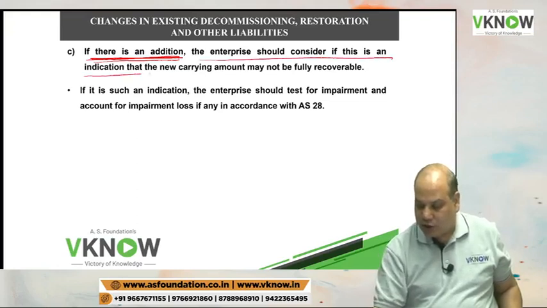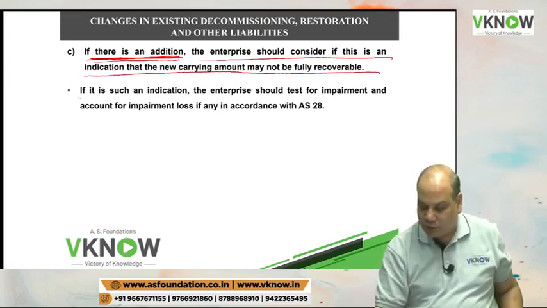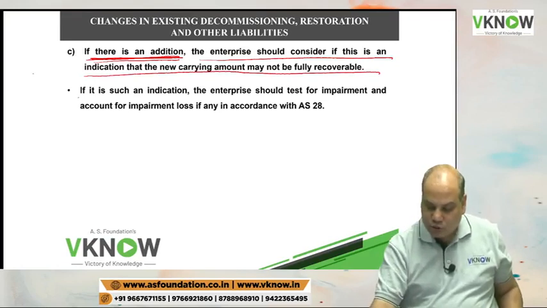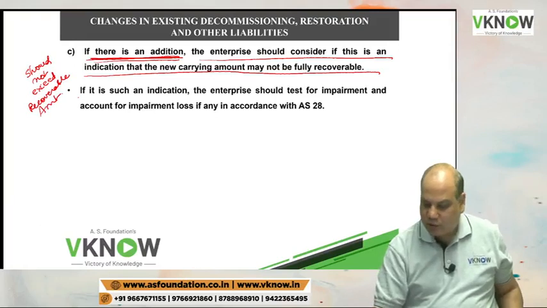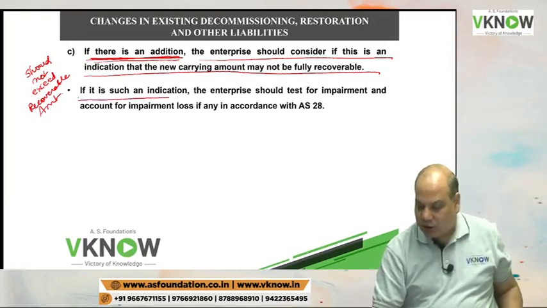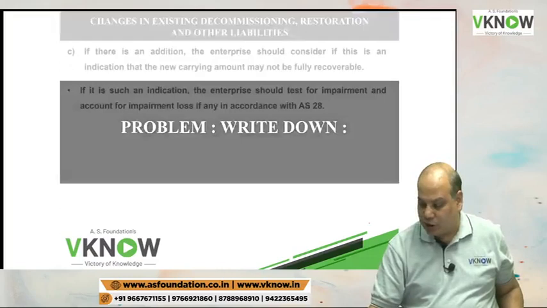Similarly, if there is an increase in liability, the asset will increase, and the enterprise should consider whether this is an indication that the new carrying amount may not be fully recoverable. As I said, it should not exceed the recoverable amount. If it exceeds the recoverable amount, it will be treated as an impairment loss and transferred to the P&L account.